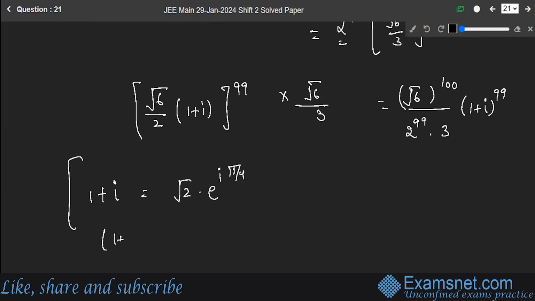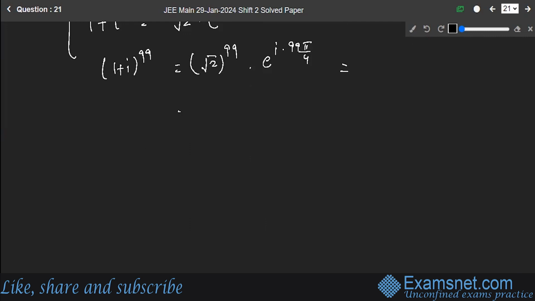So if I raise this to power 99, this will be root 2 power 99, e raised to power iota into 99 pi by 4. This can be written as 1 by root 2 minus 1 by root 2 into iota, right?